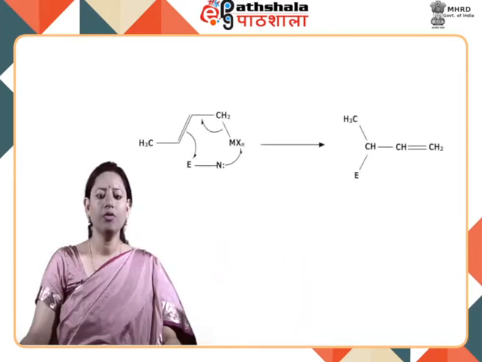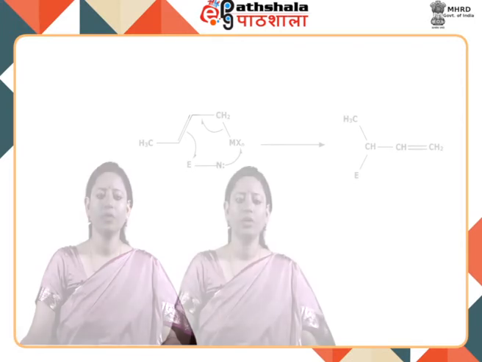If the attack is on the gamma carbon atom, then the reaction is called SEi', that is bimolecular electrophilic substitution internal reaction with rearrangement. This is an example of rearrangement: CH3CH=CH-CH2M reacts with E+ to form CH3CHE-CH=CH2.